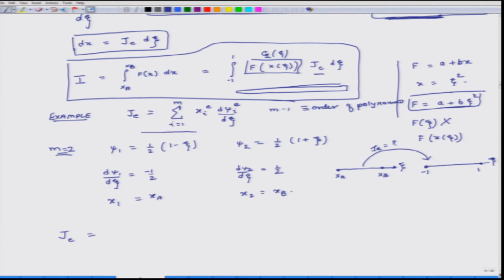If I expand it, it will be x1 E d psi 1 over d zeta plus x2 E d psi 2 over d zeta, and of course I have to put superscripts. So this is equal to xA times minus 1 by 2 plus xB times 1 by 2.